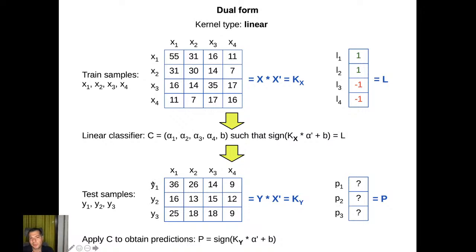For example, if we apply this model for spam detection, for training you have a number of emails that you want to train your model on, and for test time, you will have a different number of emails that you want to apply your model on. So you compute the similarity between each test sample and each training sample.